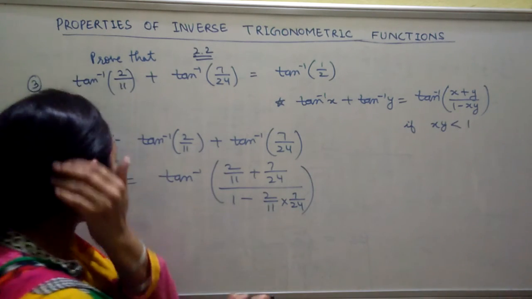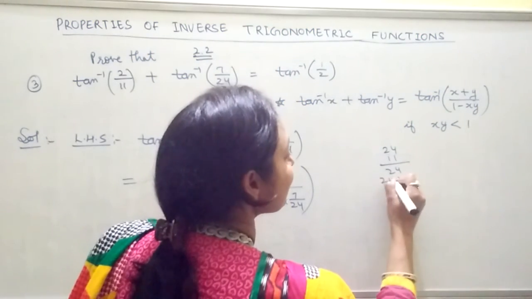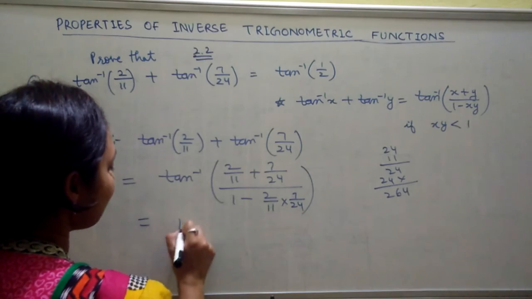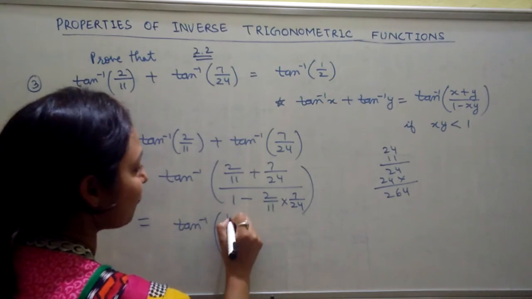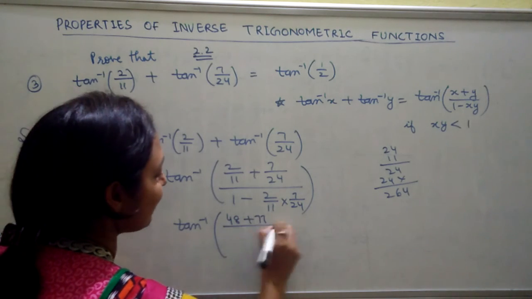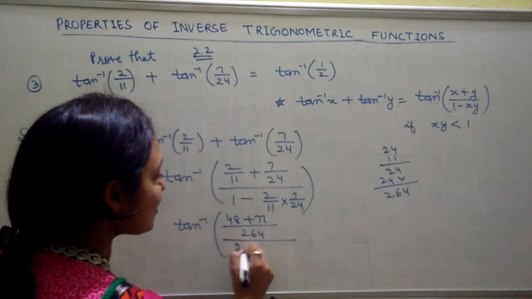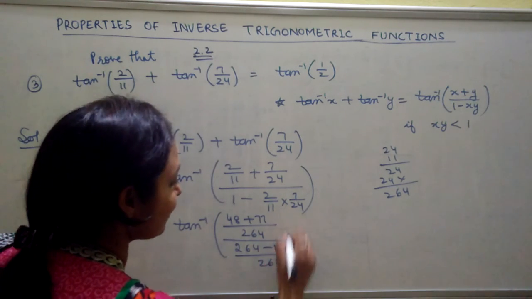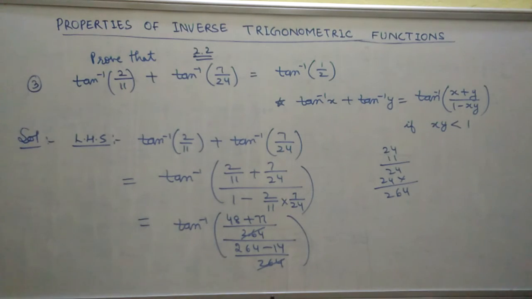Okay, take the LCM: 24 into 11, 264. Tan inverse of 24 twos are 48 plus 77 upon 264, divided by 264 minus 14 divided by 264. So this 264 and 264 will cancel.